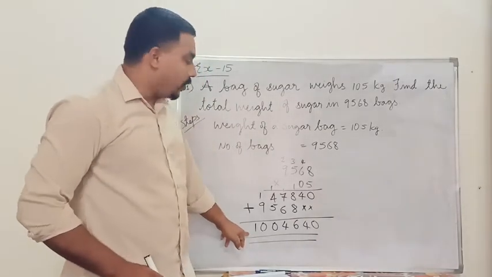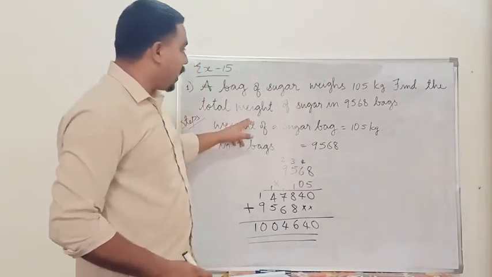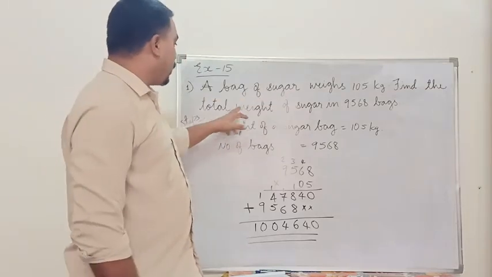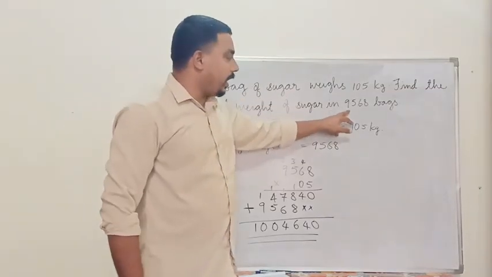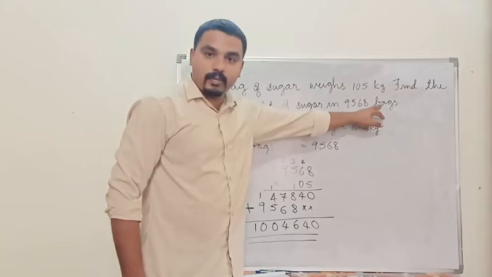So the answer we have to write. What is the question? See the last sentence. Find the total weight of sugar in 9,568 bags.